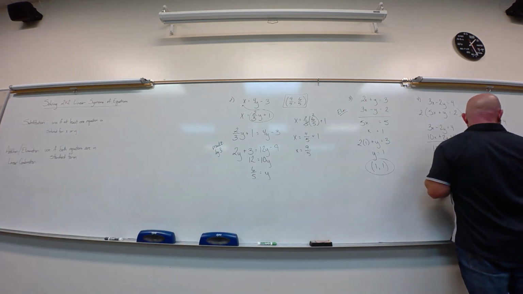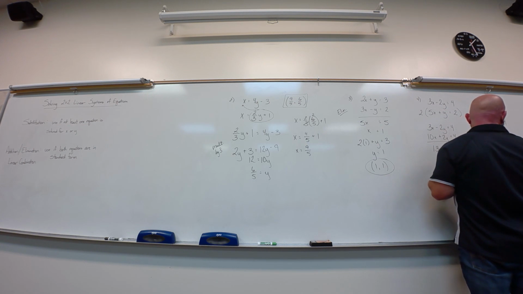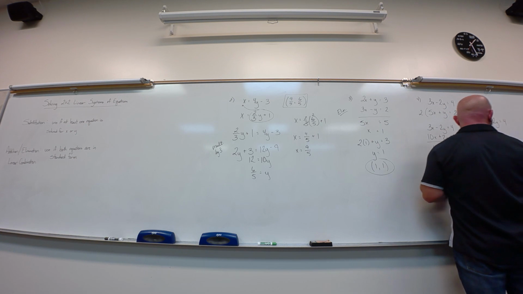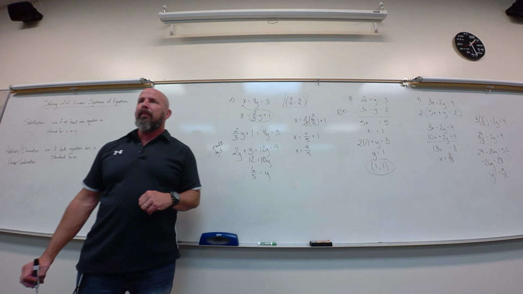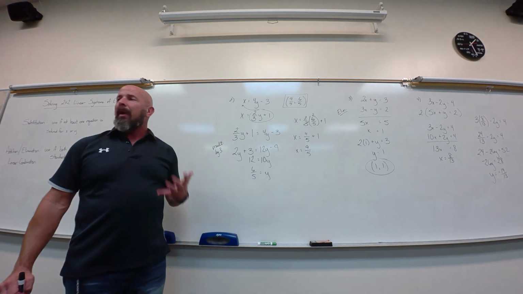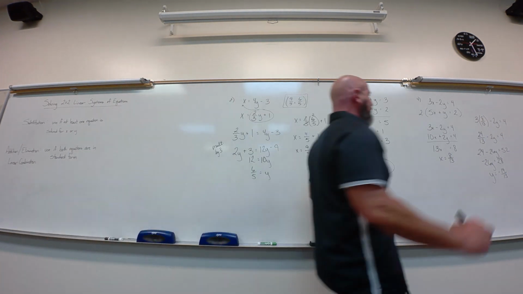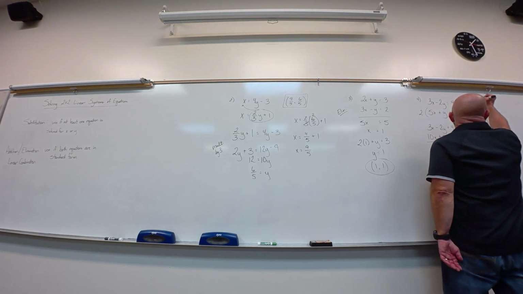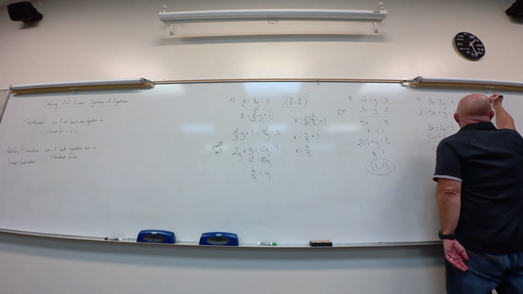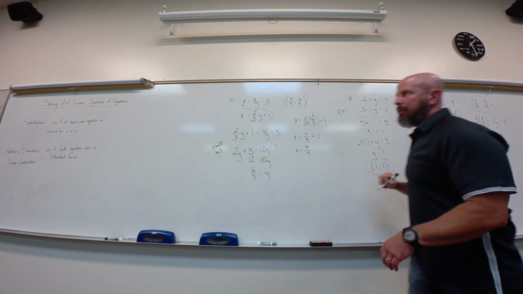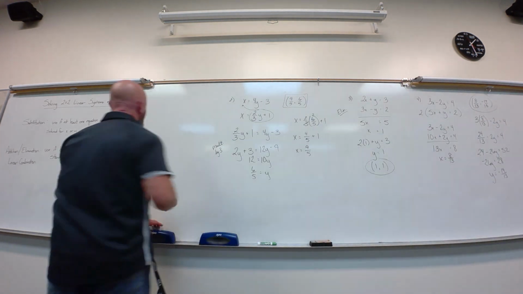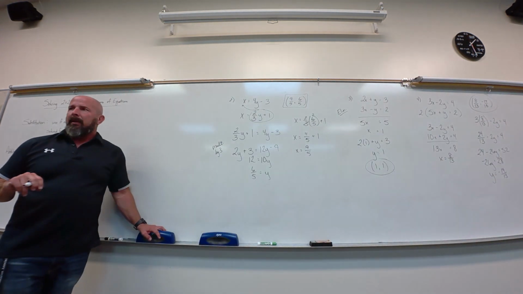Let's see here. What would this be? Negative 26y, 28. And so then y would be negative 14/13 when it reduces. Okay. Remember, you have ways to deal with fractions if you're not comfortable with them. And let's see. That would be my answer. 8/13, negative 14/13. Okay there?